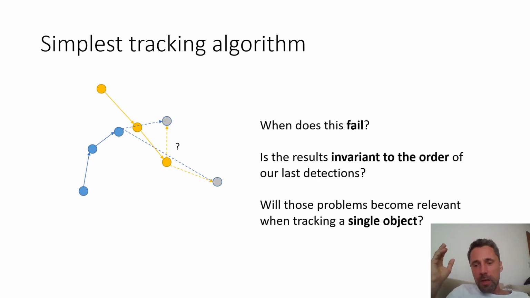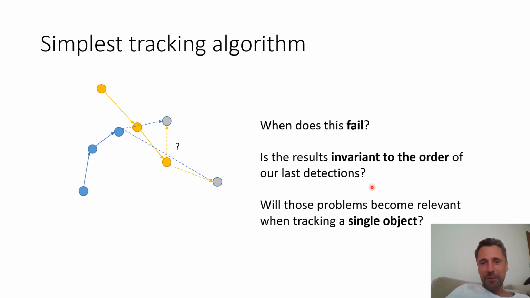Now, apparently, it's not a perfect algorithm. It's just the simplest idea of a tracking algorithm. So my question for you now is, when would this fail? So under which conditions would the blue detection here be connected to this apparently wrong candidate, and the yellow detection here connected to this candidate here?